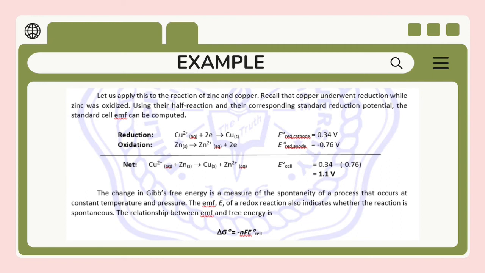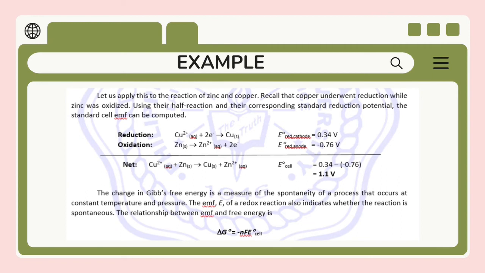The reduction half reaction is Cu2+ (aq) + 2e⁻ produces Cu (s), and its E cathode is 0.34 V. For the oxidation, we have Zn (s) produces Zn2+ (aq) + 2e⁻. For E anode, we have negative 0.76 V.